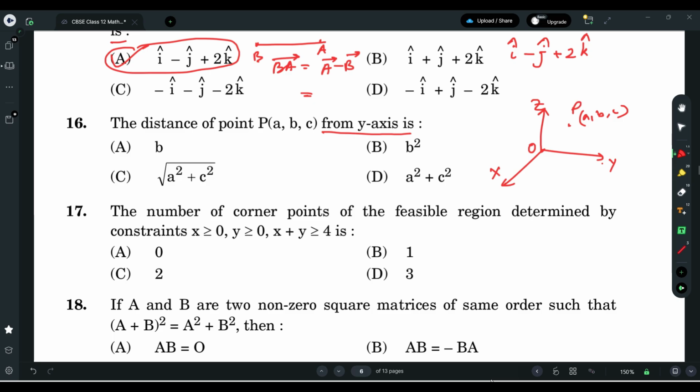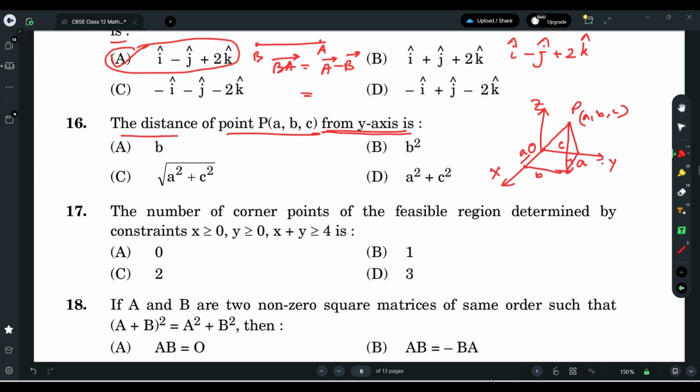This is P. That means this is A, this is B, and this is C. So the distance from y axis of the point ABC, that means this distance. Okay, this. What is this? This is A, and what is this? This is C. So what is this?